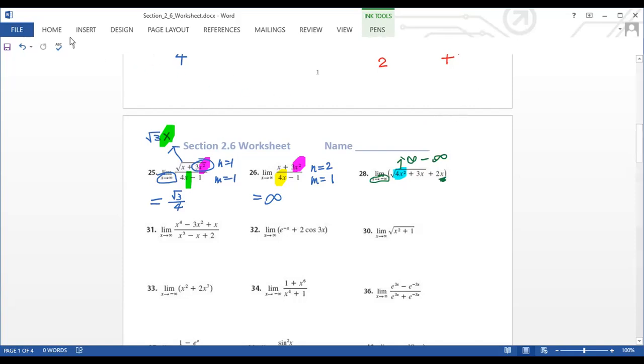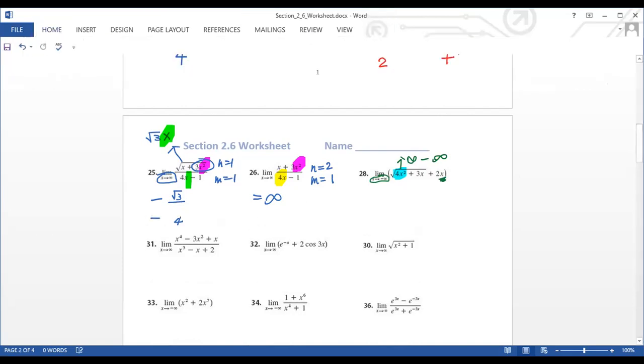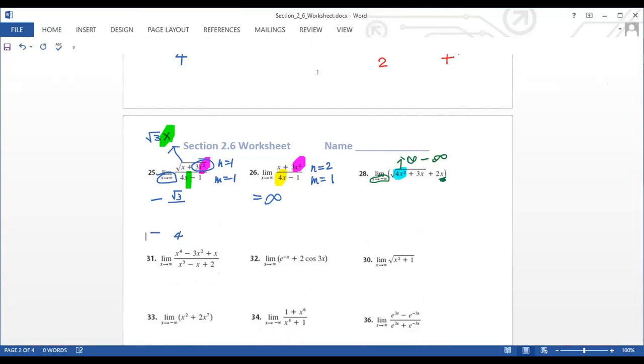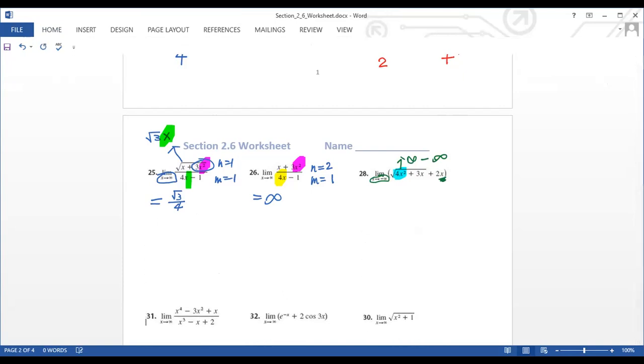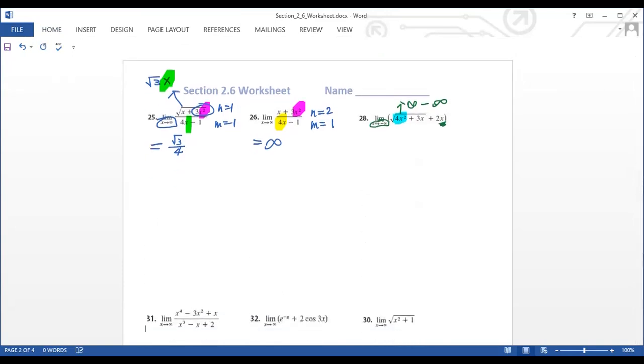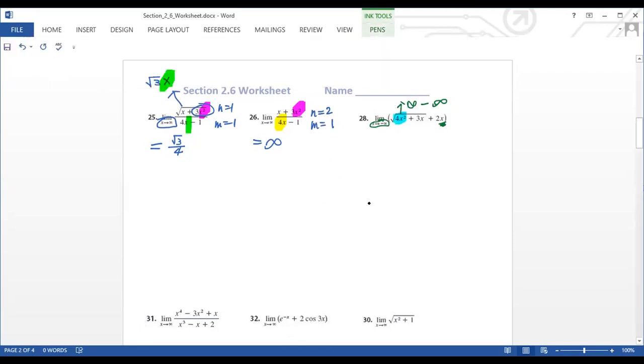When we have infinity minus infinity, remember we said we don't know what that is, right?